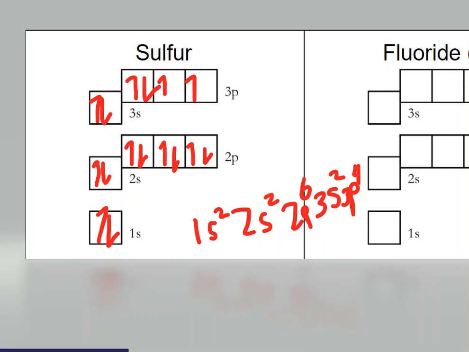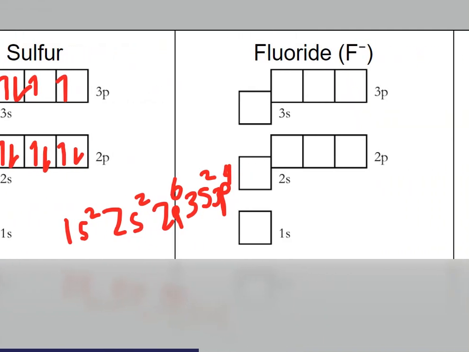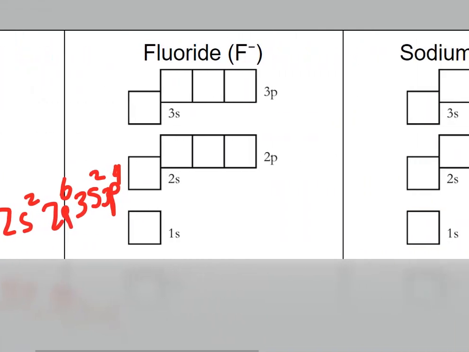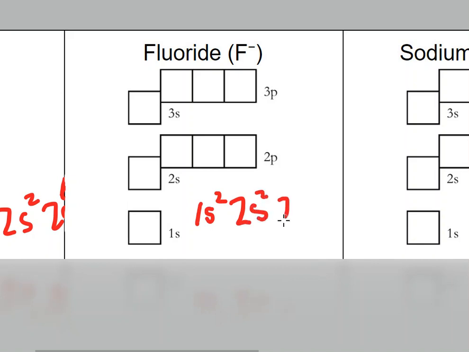Okay, so now let's go ahead and look at fluoride. So fluoride here is going to be a little bit different because it's not fluorine, it's fluoride, and it's got a charge. So normally the electron configuration for fluorine would be 1s2, 2s2, 2p5. Now this is fluoride with a negative charge.